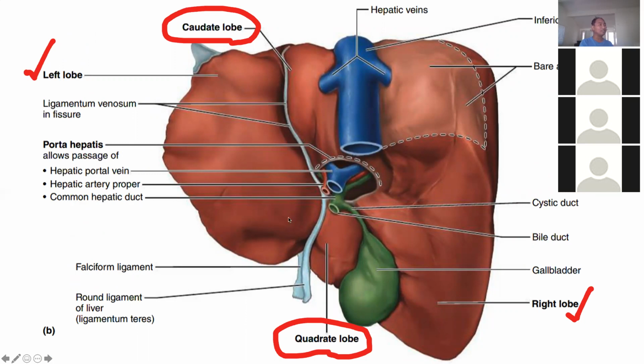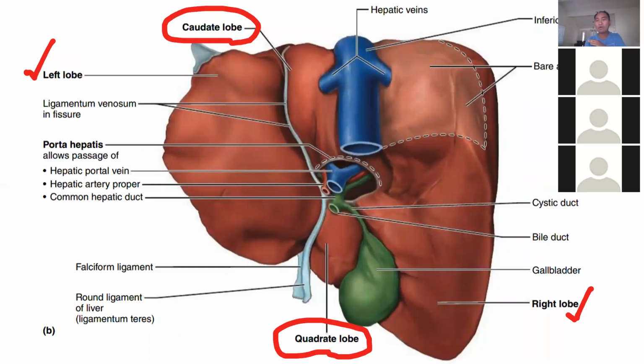They are divided by the round ligament of the liver, and we can see the big inferior vena cava, which is attached on the posterior wall of the liver, and a small little gallbladder, which is attached on the inferior and posterior portion of the liver.